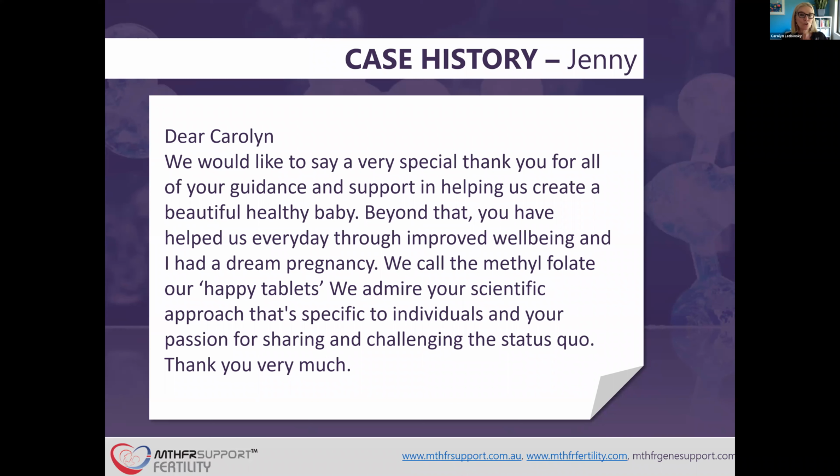It gave her renewed confidence. She was quite shy and quite reserved when I first met her, but she's now confident, she's happy, she's balanced, and we just made up for that genetic deficiency she had, and her body then went on to do what it really needed to do.